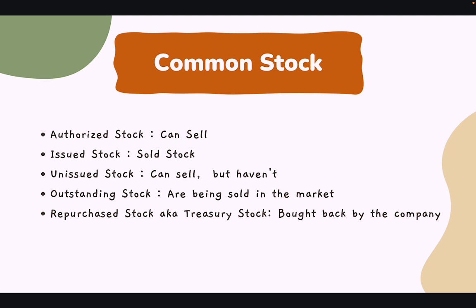The outstanding is the amount that's actually being held in the market at the moment. The reason there's a difference between outstanding stock and issued stock is that some can be sold but then repurchased. Often it's bought back by the company, and that's called repurchased stock or treasury stock.